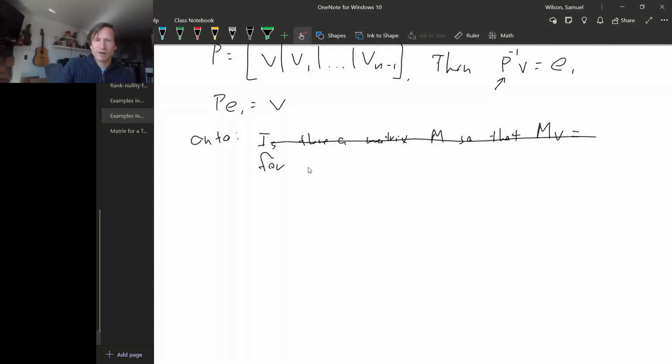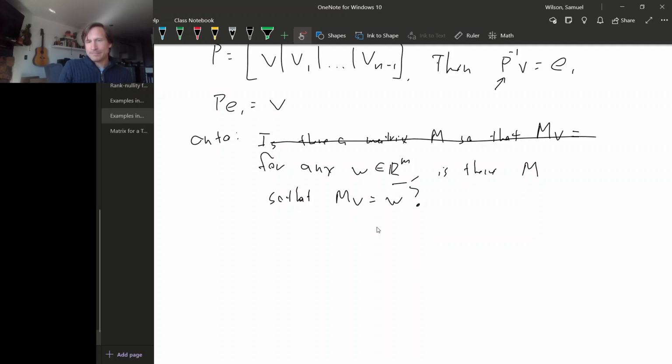What we need to figure out is, for any vector W in Rm, which is the range space, is there a matrix M so that M times V equals W? Okay.